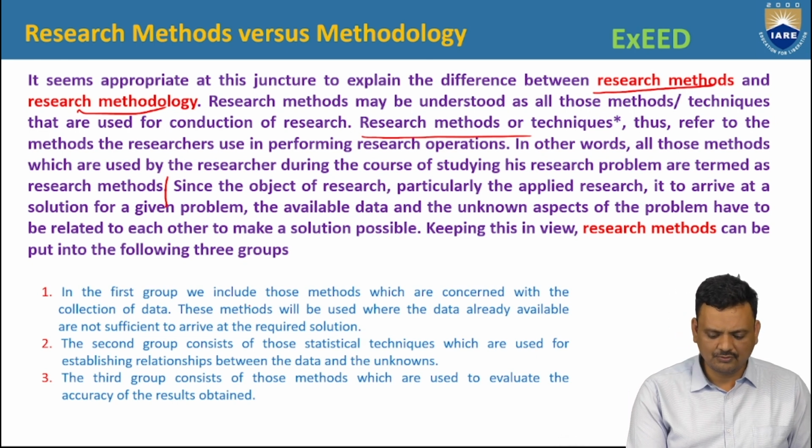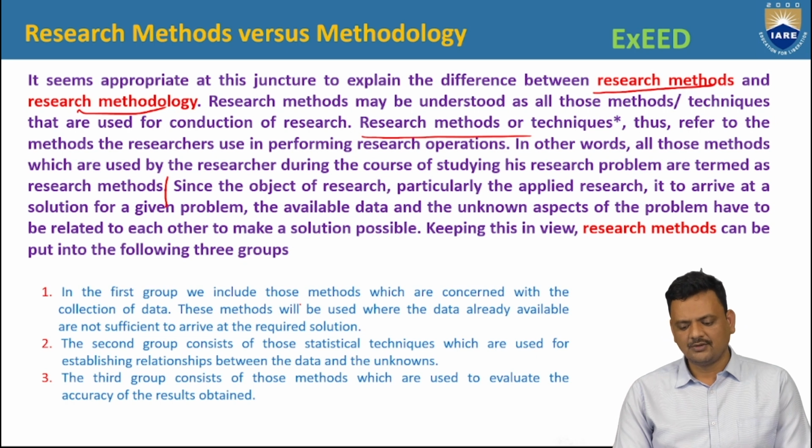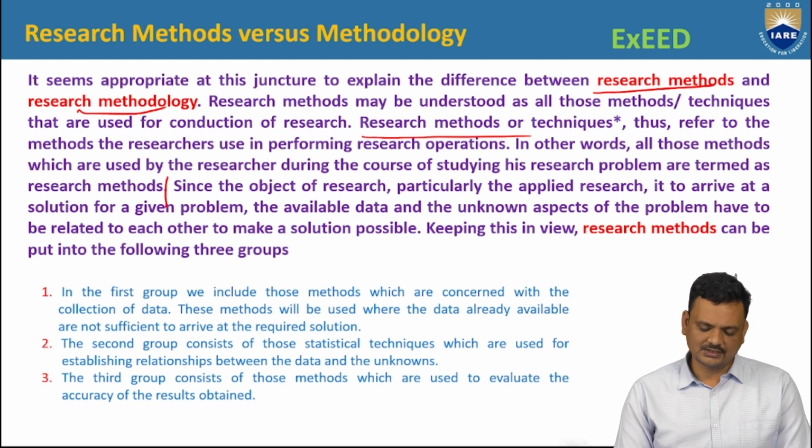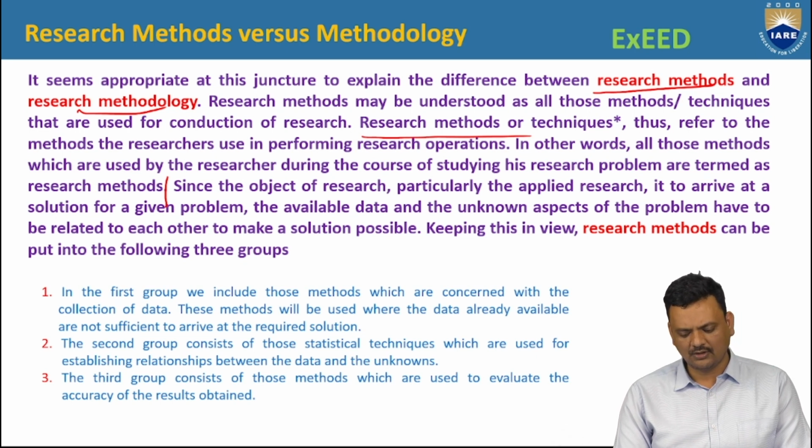In the first group, we include those methods which are concerned with the collection of data. These methods will be used where the data already available are not sufficient to arrive at the required solution. The second group consists of those statistical techniques which are used for establishing the relationship between the data and the unknown.